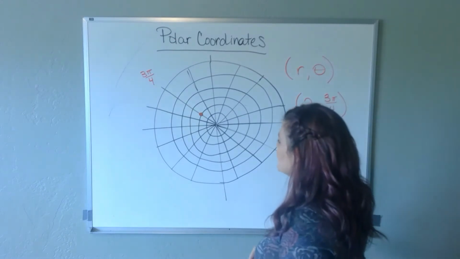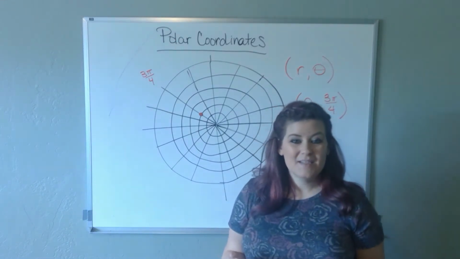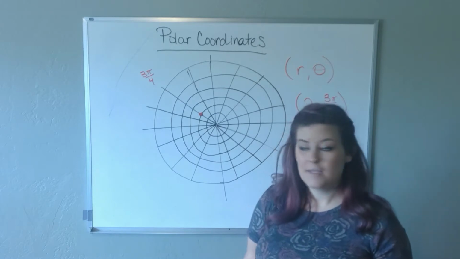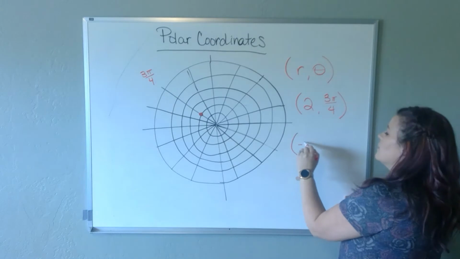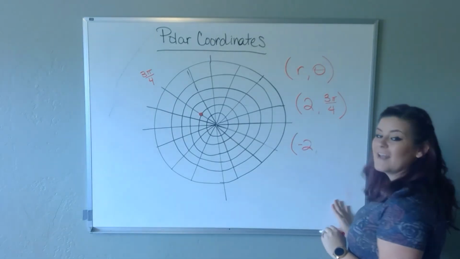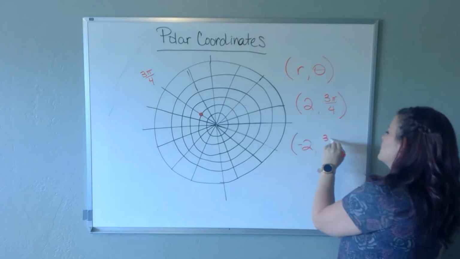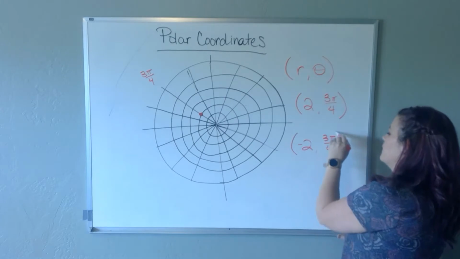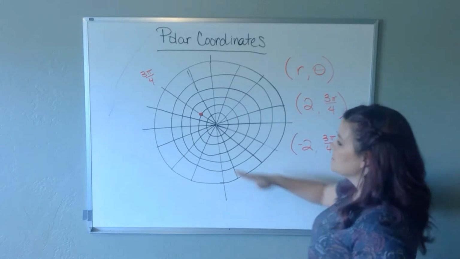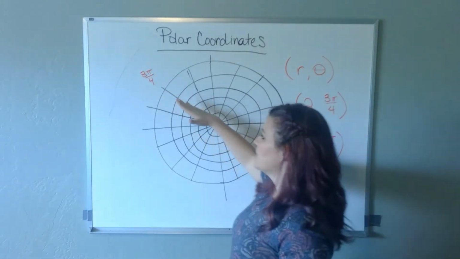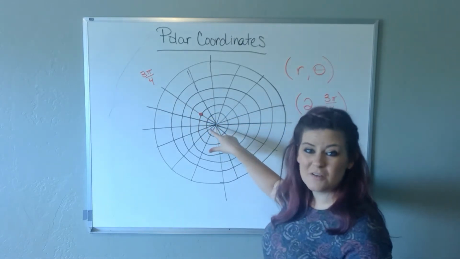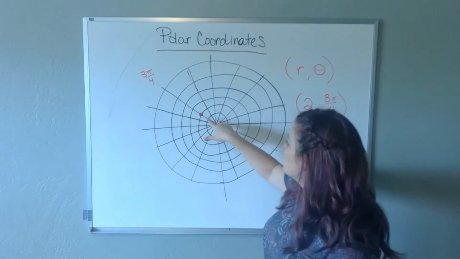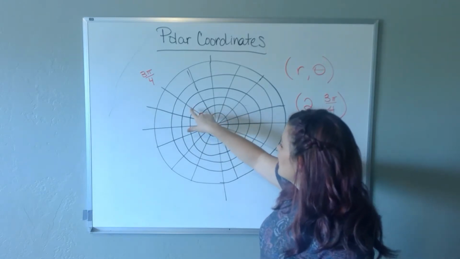So something that can get a little bit complicated is when we have negative values. So let me give you an example. What if I wanted to do (negative 2, 3 pi over 4)? So I'm looking at 3 pi over 4, it's right here. But you guys, these circles, the origin's 0, r is 0, right? You go positive 1, positive 2, positive 3.